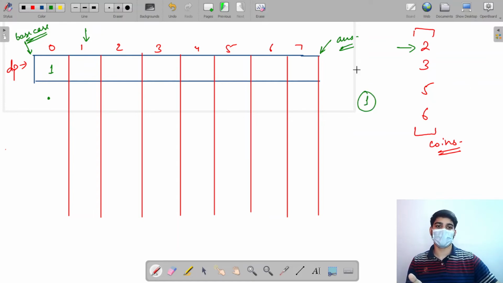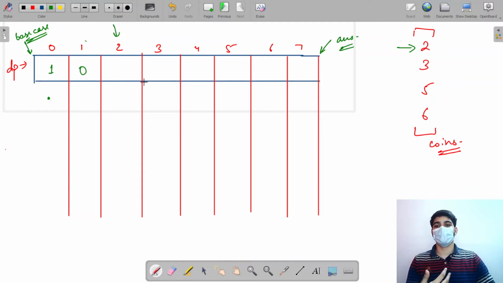Currently we don't have that coin. So in this case, my DP of 1 would be 0, as there are no ways to pay 1 using 2. Now I would move to the next index, which is 2.